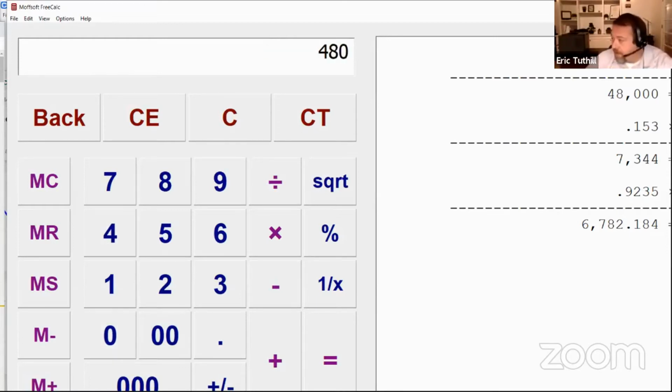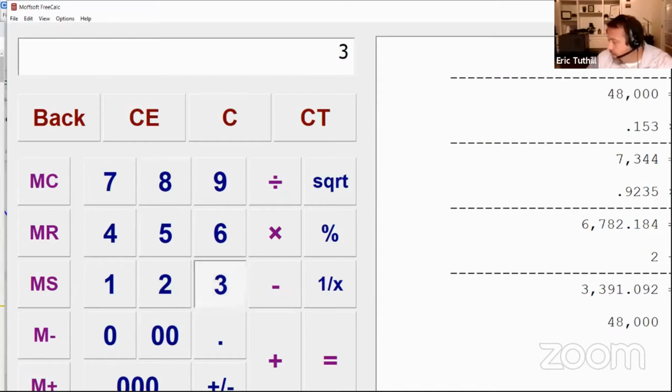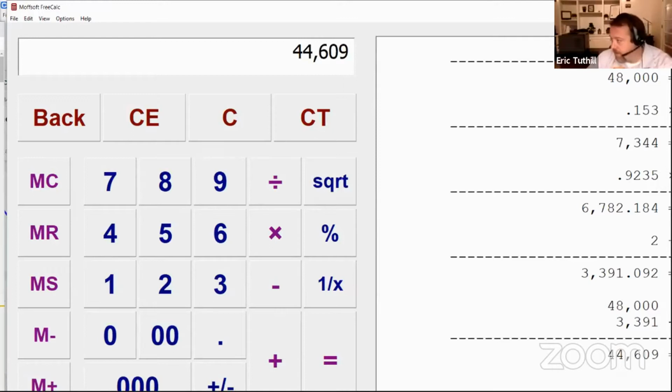Now, with that $48,000, he's going to have a couple deductions, and one of them is going to be one half of self-employment taxes, which is $3,391.09, right? So we take our 48,000, we subtract $3,391, and we're going to have $44,609 left to tax, right?